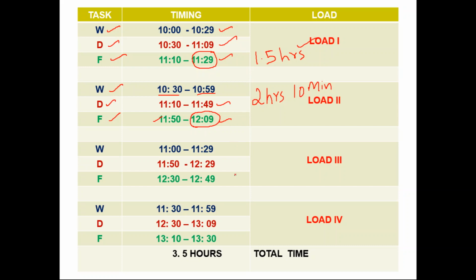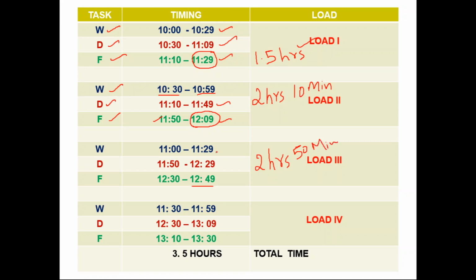Now after the next 40 minutes the third output will come. See, 12:09 plus 40 is nothing but 12:49. That is at 2 hours 50 minutes, right? 40 plus 10 is 50. At 2 hours 50 minutes the next output will come.